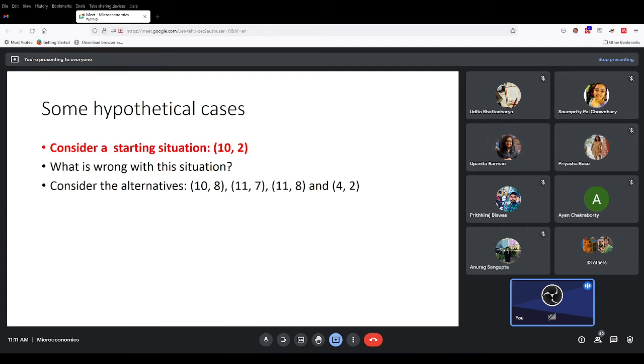In the second case, both are better off. 11, 7, both are improving. B is improving a lot, but even A is gaining. The same thing holds for the third, 11, 8 case. And in the fourth case, 4, 2, A is being worse off, B is remaining the same. So the choices are very easy in these cases.